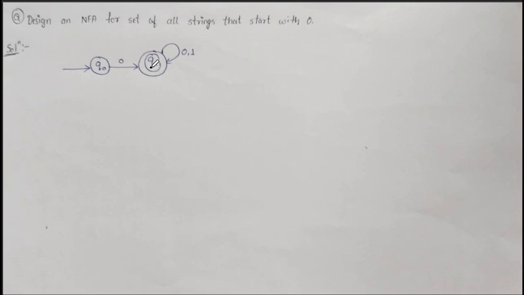For final states, we put two circles, and the first arrow indicates the initial state. As per the question, the string should start with 0. So Q0 is the initial state which starts with 0, and the string can end with any number of zeros or 1.